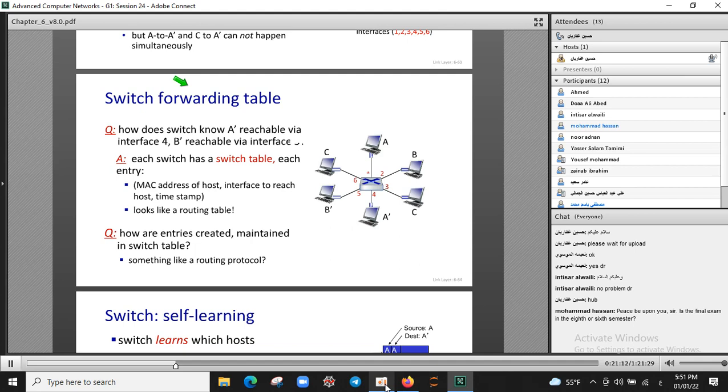In layer 3, we are talking about IP addresses, but in layer 2, we have MAC addresses. So in a switch table, instead of IP addresses, we have MAC addresses, the interface connected to that MAC address, and also a timestamp.